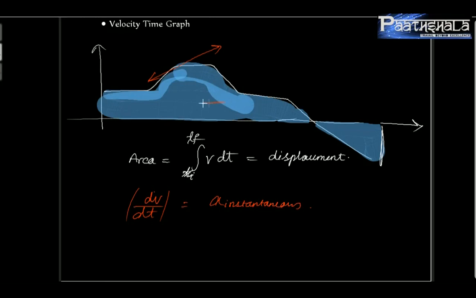Please note that the area above the x-axis is considered positive, and the area below the x-axis is considered negative. So basically they are going to oppose each other, or it is going to be a higher positive value in this case minus a lower negative value. So this was the graph of velocity versus time.